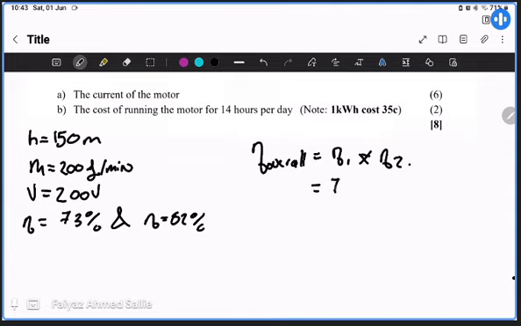So we have 0.73 multiplied by 0.82, and then our overall efficiency, let me just get my calculator. 0.73 multiplied by 0.82. So we have an overall efficiency of 0.5986.